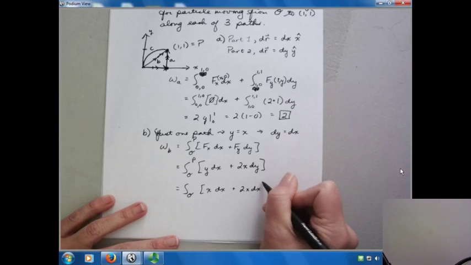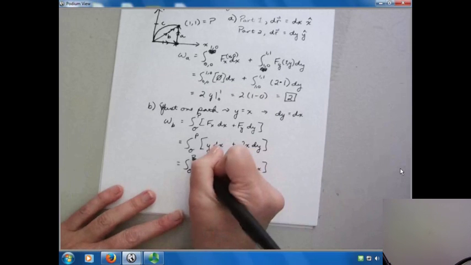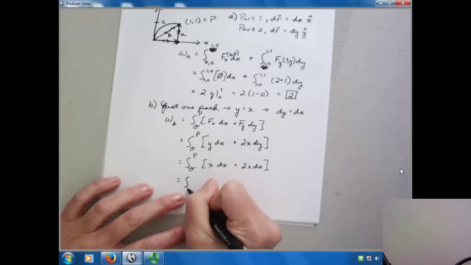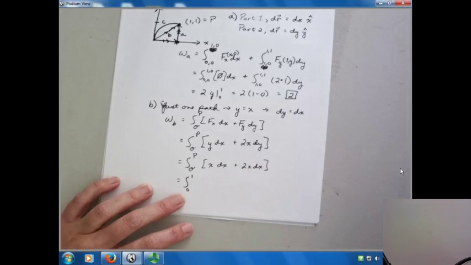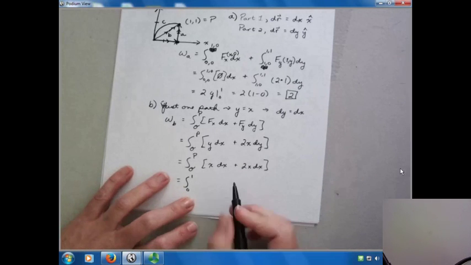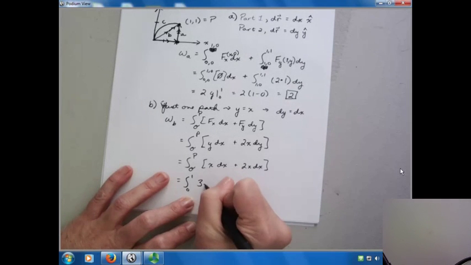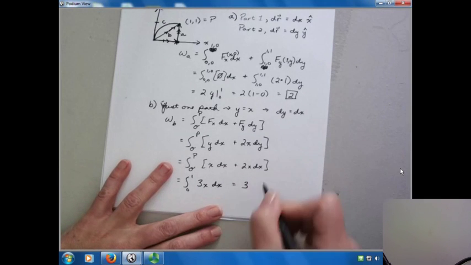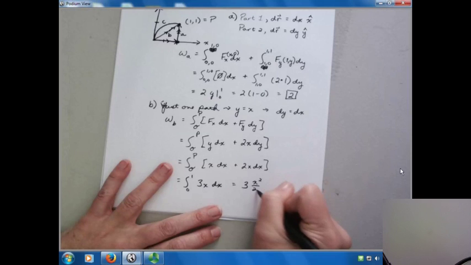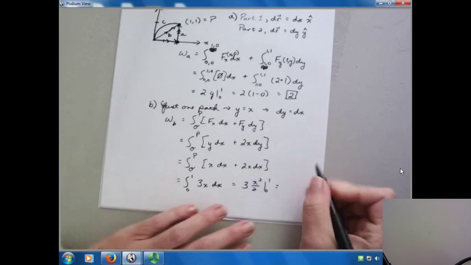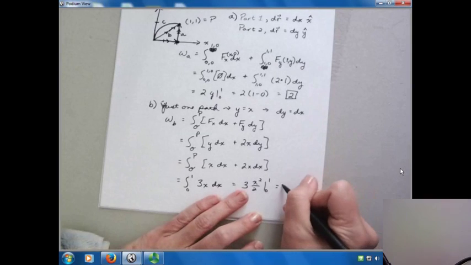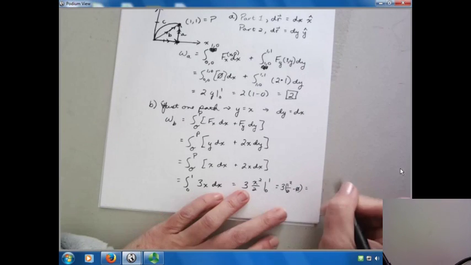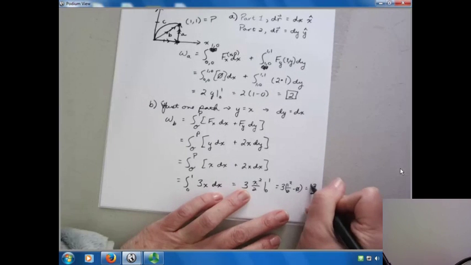So now I'm just down to one variable, and I can simply put the limits of that variable on my integral, and I get 3x dx to integrate. I get 3 times the integral of x dx, which is x squared over 2, which I have to evaluate from 0 to 1, and I get 3 times 1 squared over 2 minus 0, also known as 3 halves.